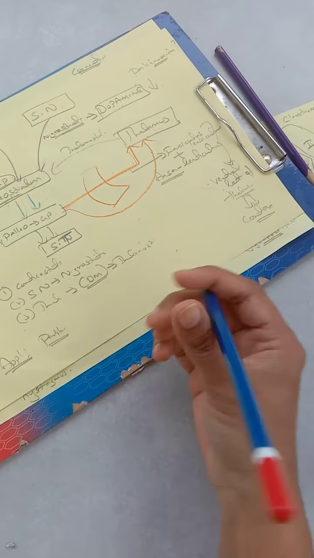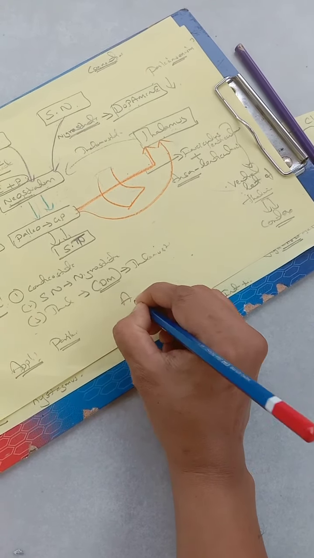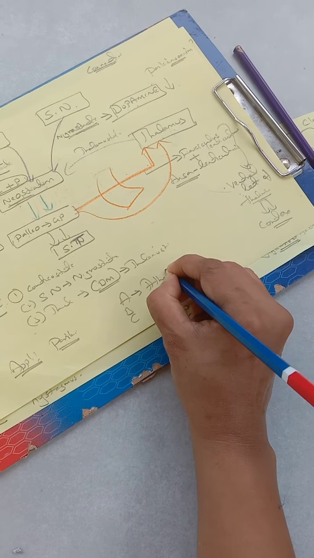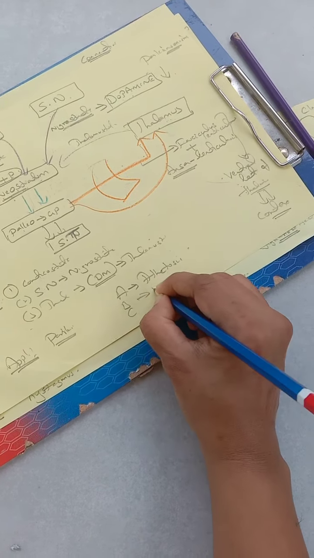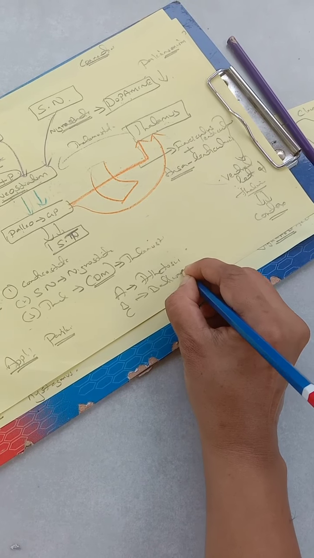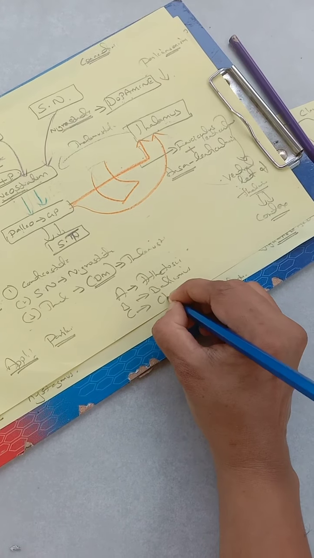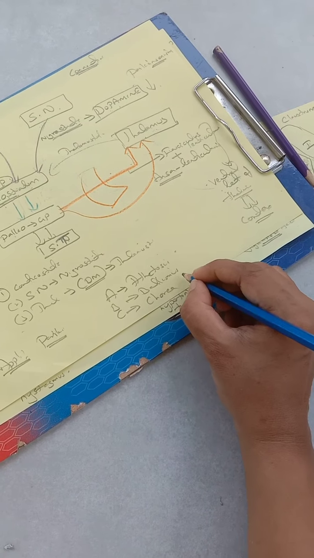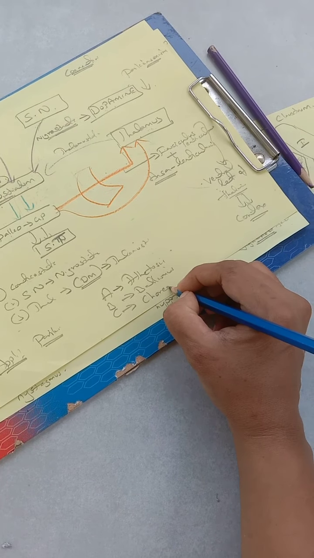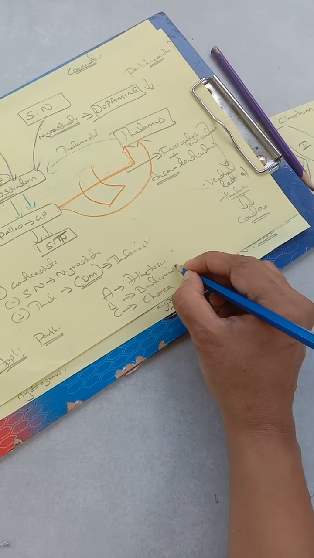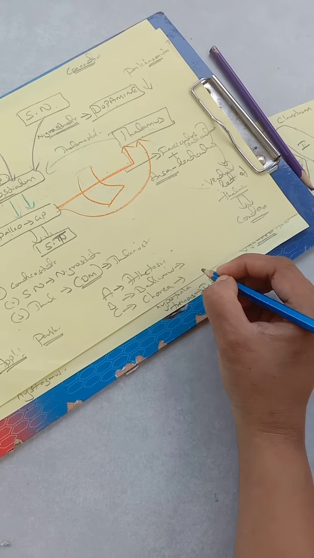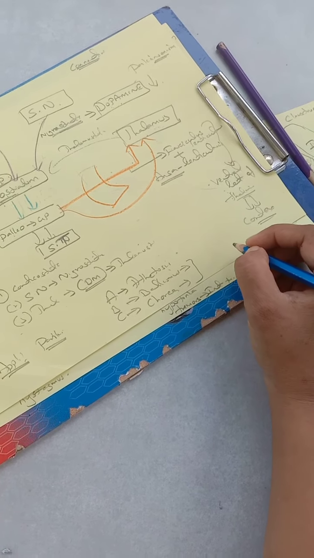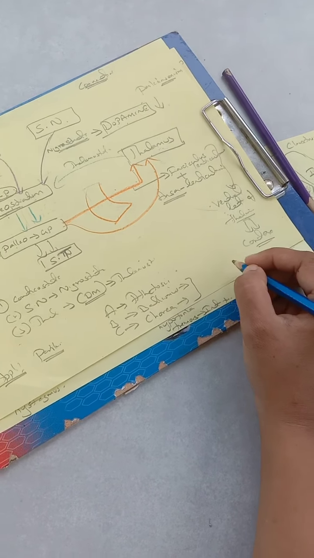Apart from this, we also have other things like A, B, C. A is athetosis, B is ballismus, and C is chorea. Ballismus and chorea, you need to understand, have violent, purposeless, irregular movements.